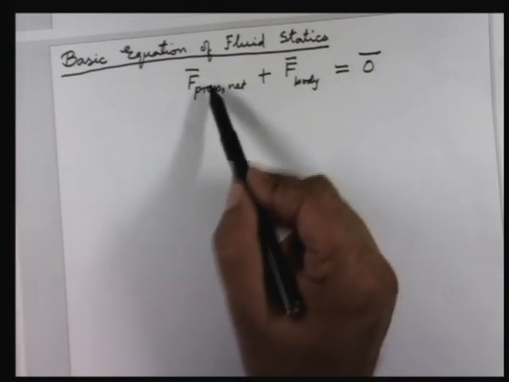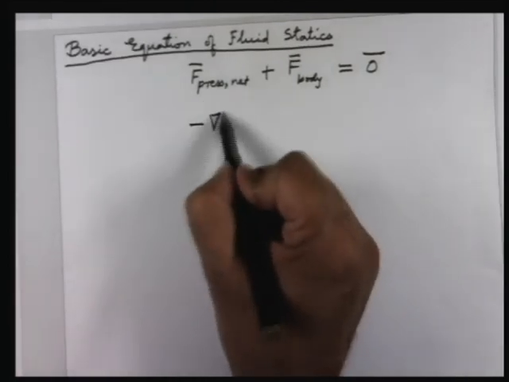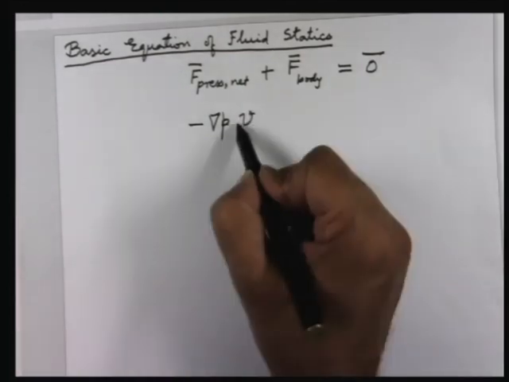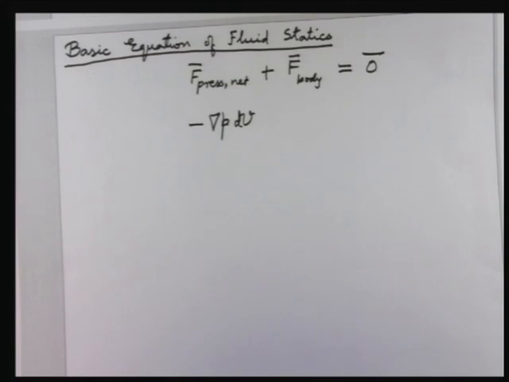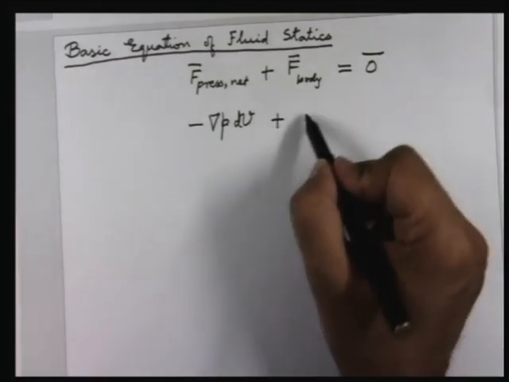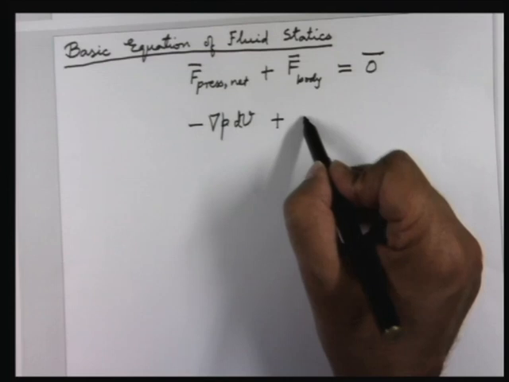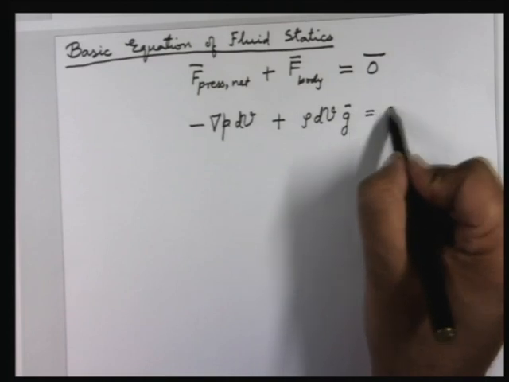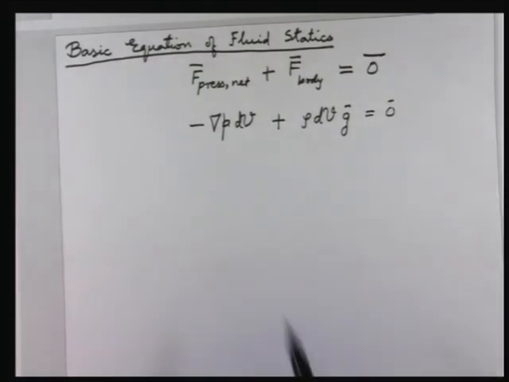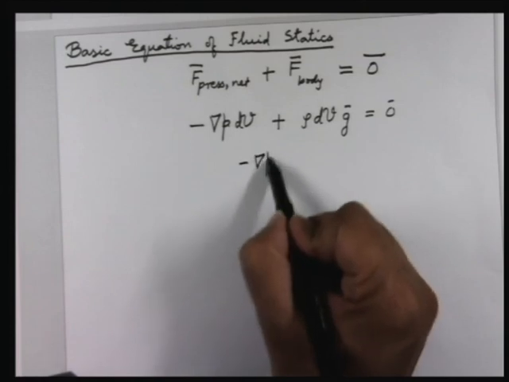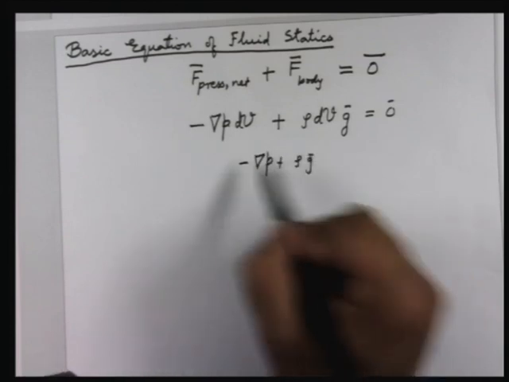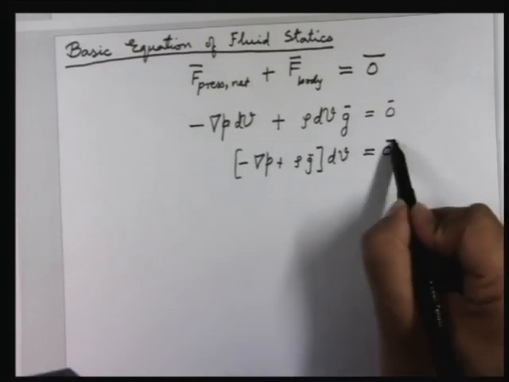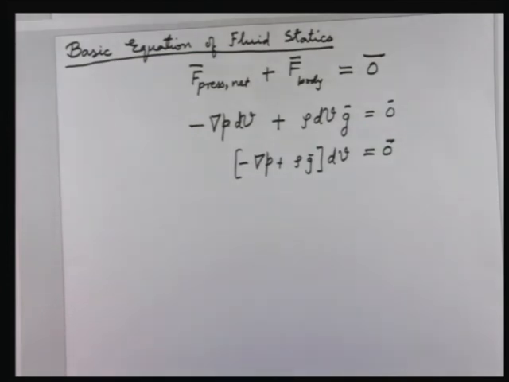Now, this net force due to pressure, I can write as minus grad P into the volume. You can take it to be dV if you want, an infinitesimal volume. And this you can say is mg. So the mass is rho dV into the gravity vector, equal to 0. So it is minus grad P plus rho g into dV equal to 0 for an infinitesimal fluid element.